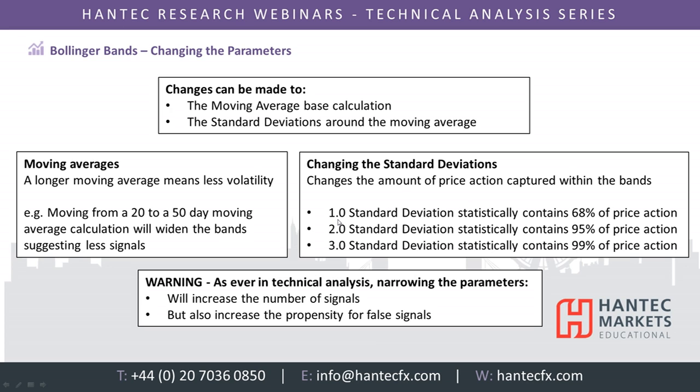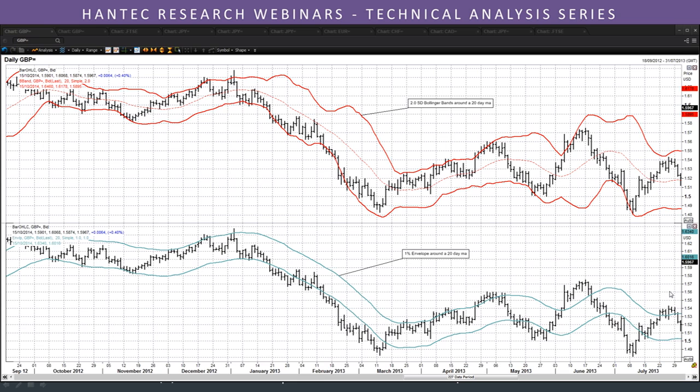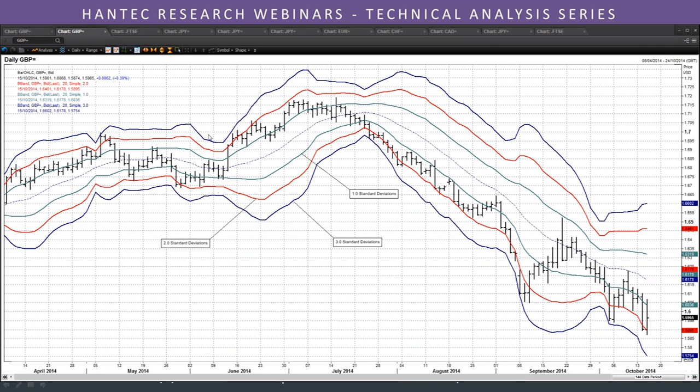I've got here the statistical analysis for 1, 2, and 3 standard deviations, which is 68% of the price action, 95% and 99% of the price action. And I've got a chart that shows you that. Okay, so we've got here the three Bollinger Bands around a 20-day moving average.